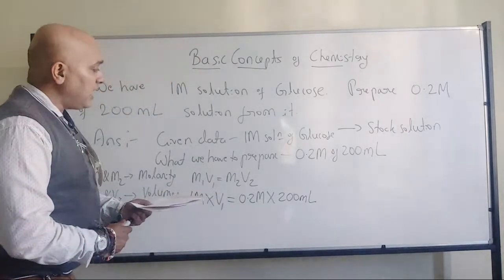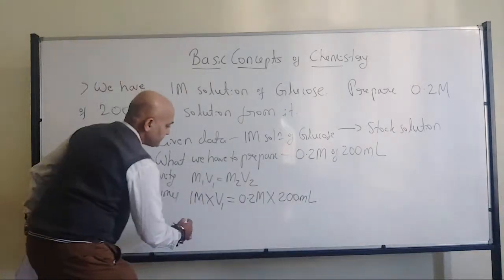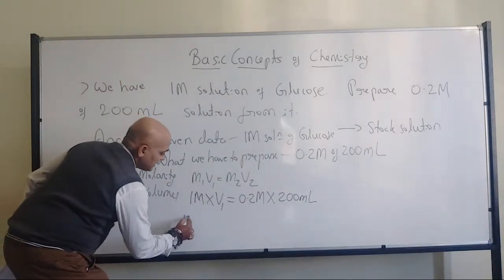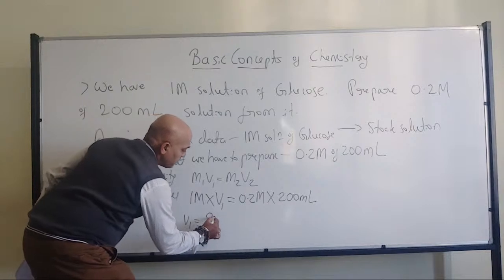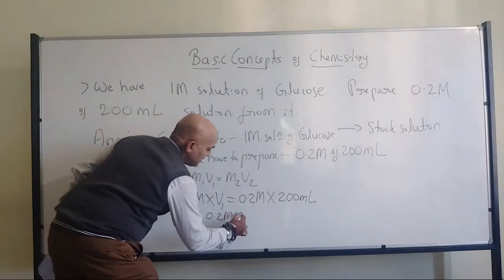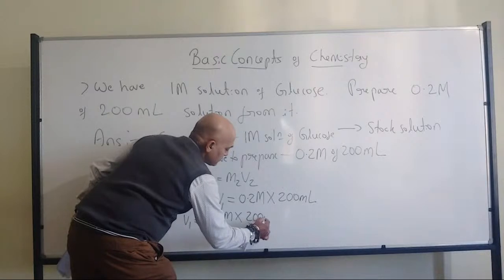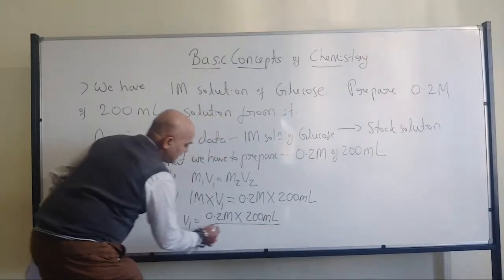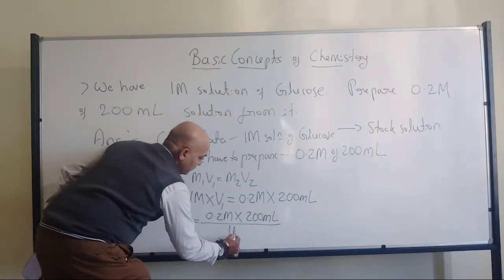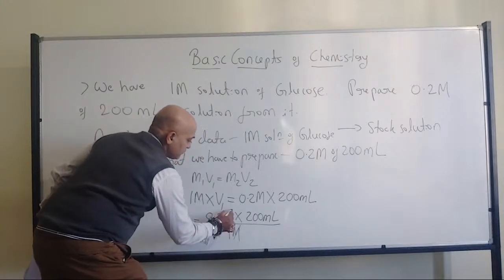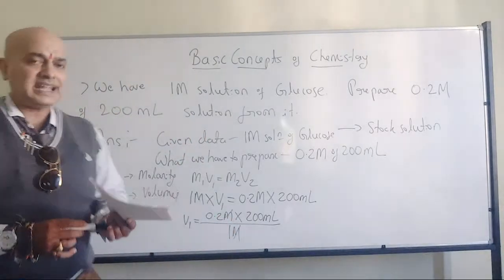Okay, so now we have V1 is equal to 0.2 molar multiplied by 200 ml divided by 1 molar. So 1 molar will get cancelled.